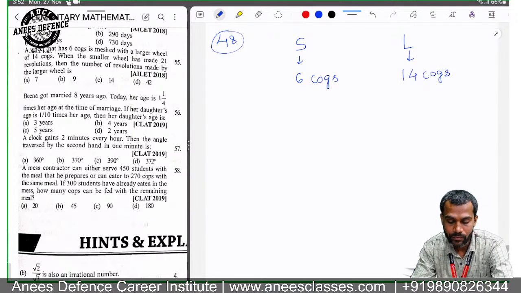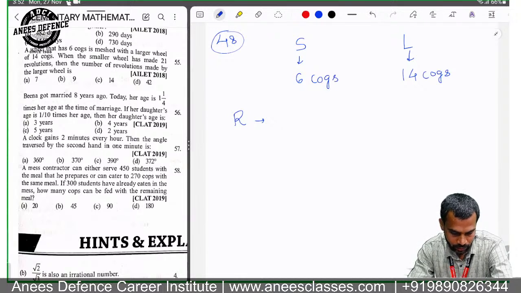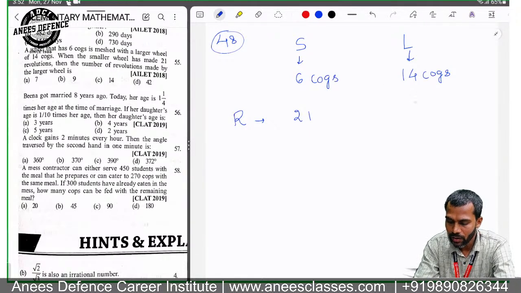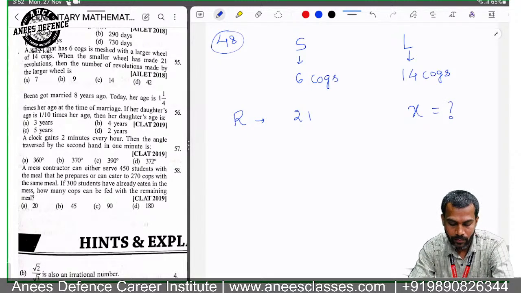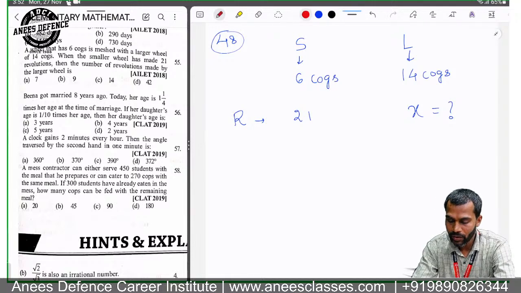Yes or no? And the number of revolutions for the smaller wheel is 21. Yes or no? So for the larger wheel, we need to find out the number of revolutions. Yes or no? Now I have already said what we have.